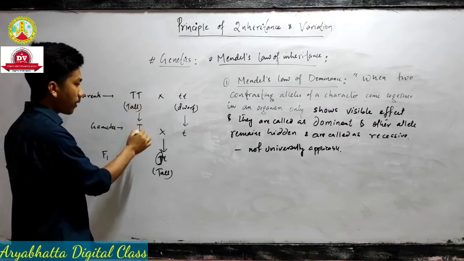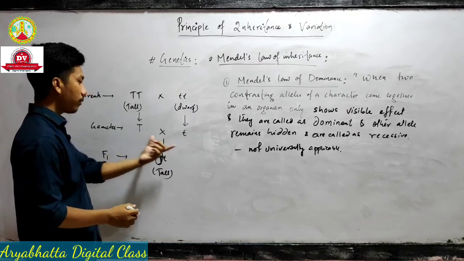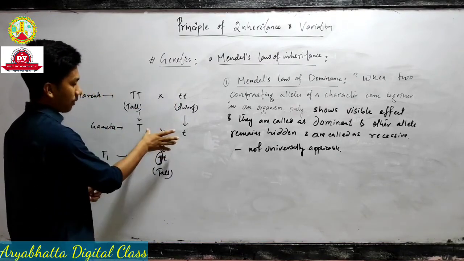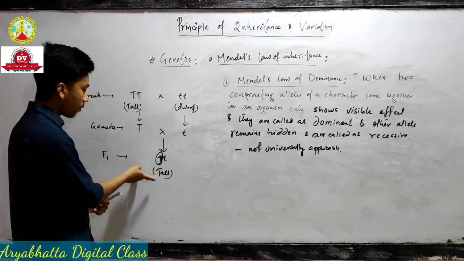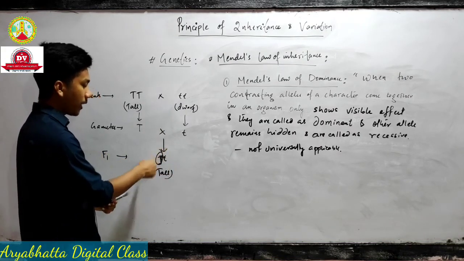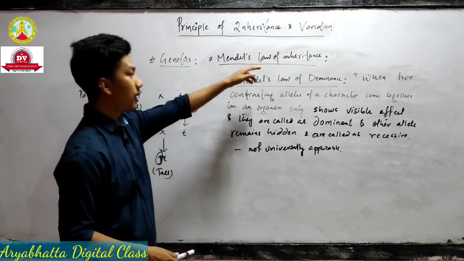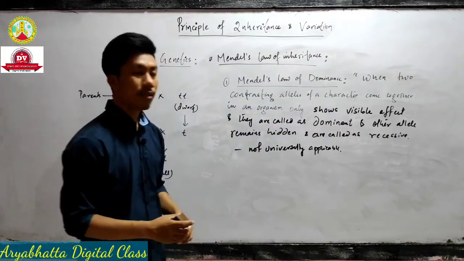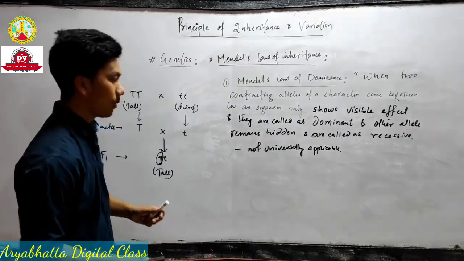The gametes they produce are capital T and small t. Be careful with the letters, capital and small. When the cross is made, the first generation obtained in F1 is all dominant, capital T. So Mendel's law of dominance says that only the dominant will show the visible effect.